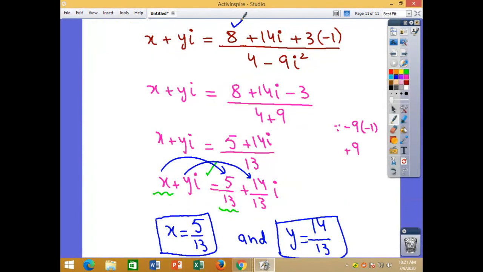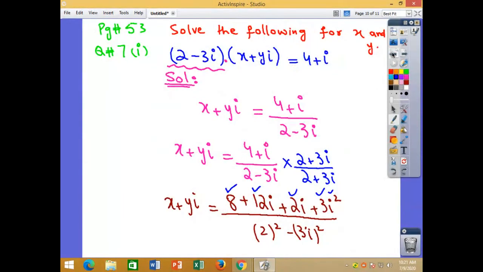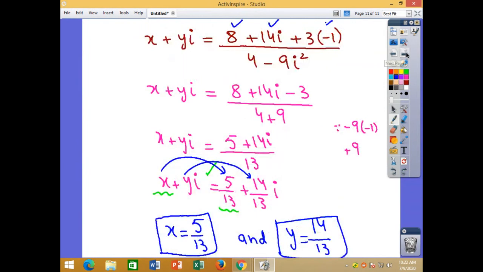Then in the denominator, what is the square of 2? The square of 2 is 4. What is the square of 3? The square of 3 is 9. What is the square of iota? The square of iota is iota square. Here you see, we write 4, 9 and iota square.